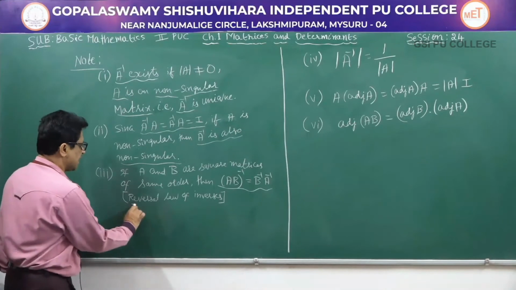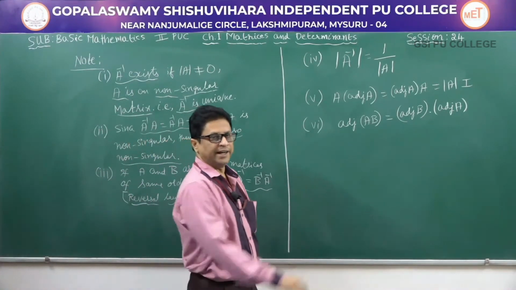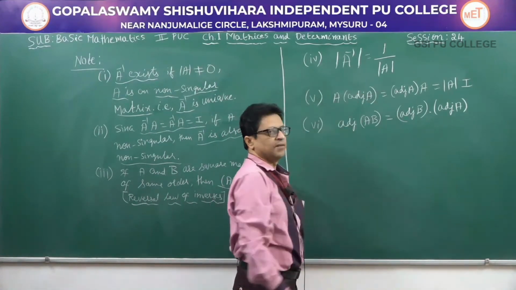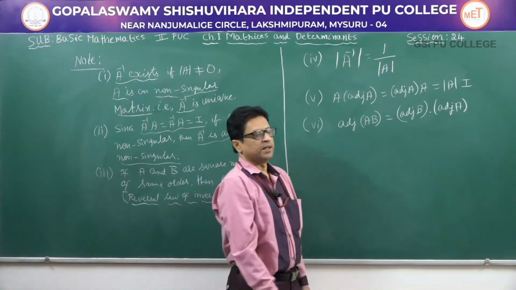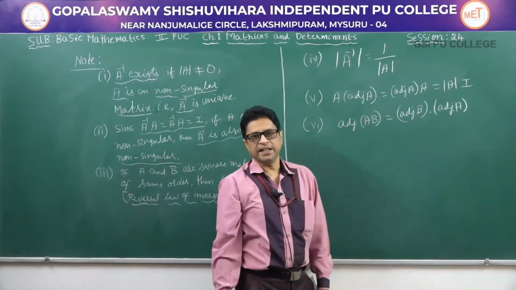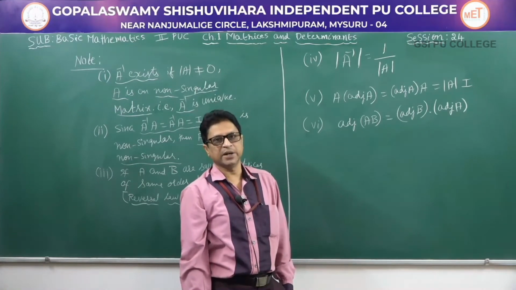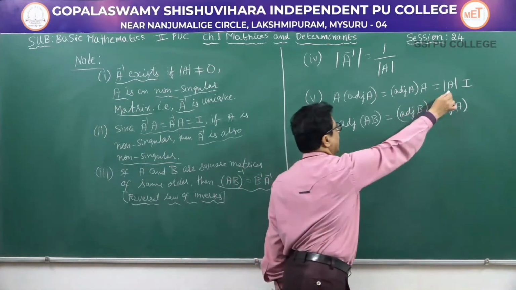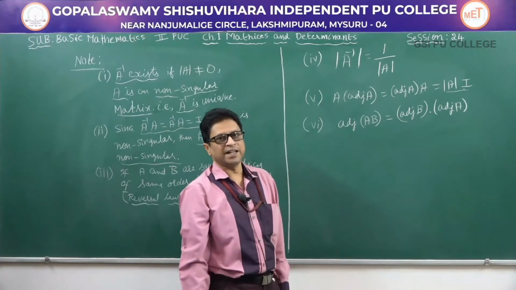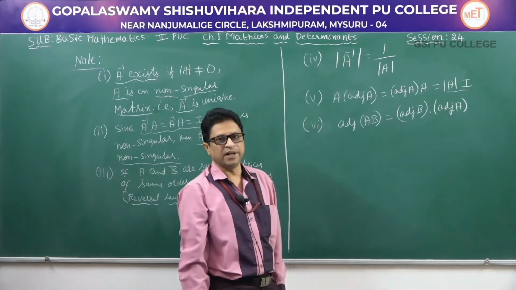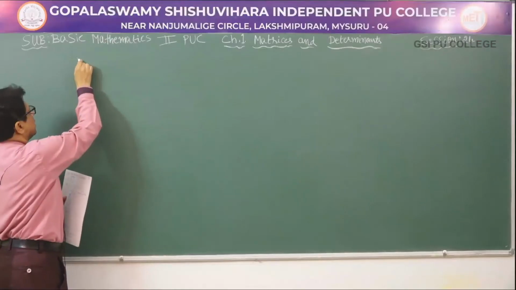This is called as reversal law of inverses. And determinant of A inverse will be equal to 1 by determinant of A. Next point is A into adjoint A is equal to adjoint A into A is equal to determinant A into I. Next, the sixth point is adjoint of AB will be equal to adjoint B into adjoint A.